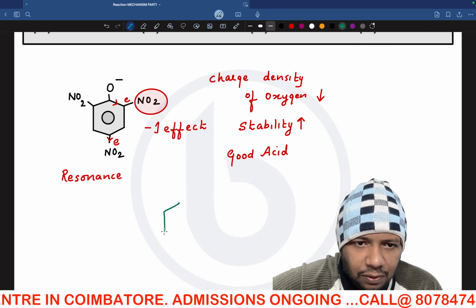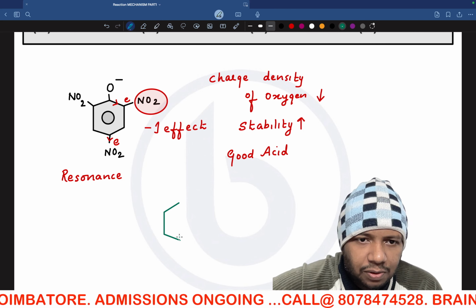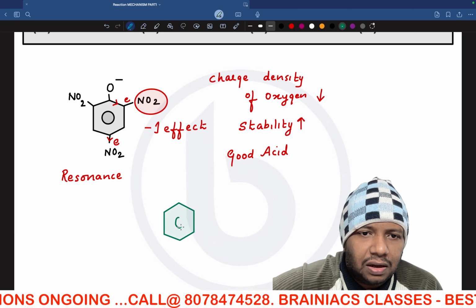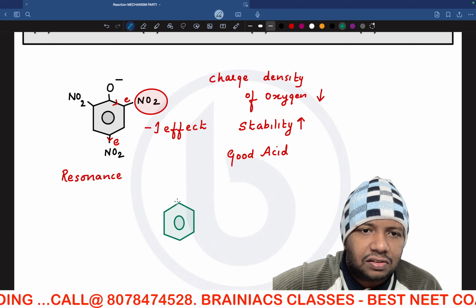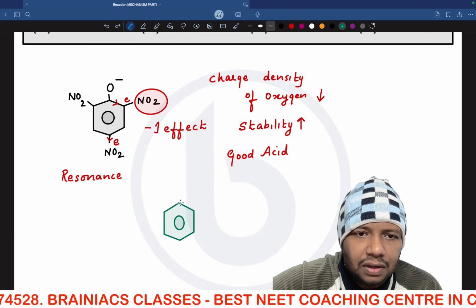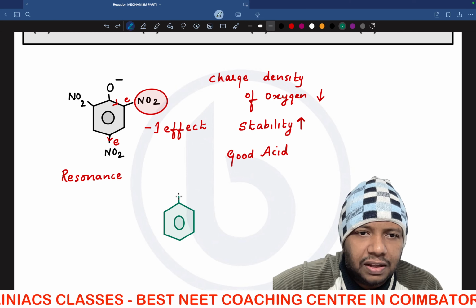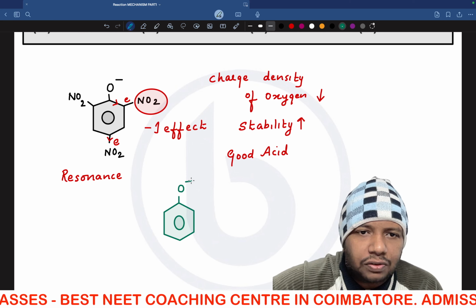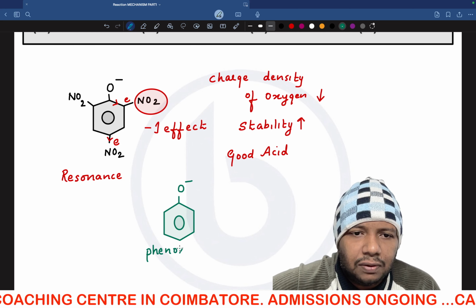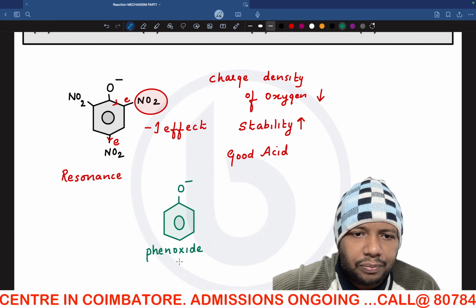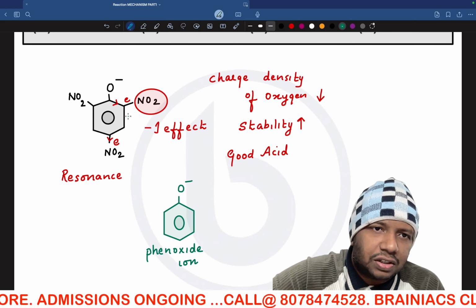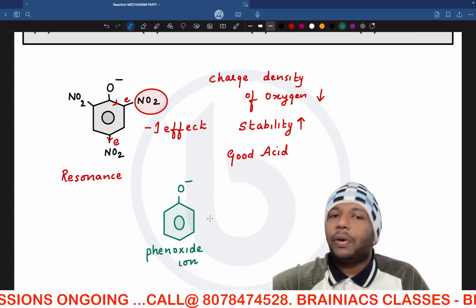So this is my phenol. Okay, so I am drawing phenol. In phenol also I am removing the H plus from the oxygen to analyze the acidic strength. So the remaining structure that I am getting here is called the phenoxide ion. Now if you see here, this phenoxide ion is a similar structure to this one. The only difference is there is no NO2 group.